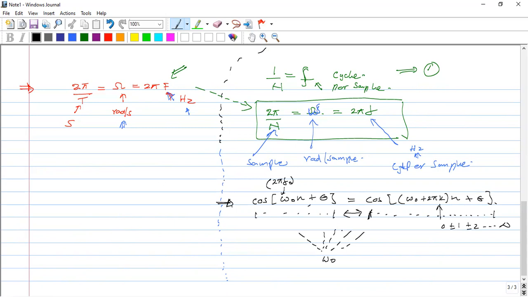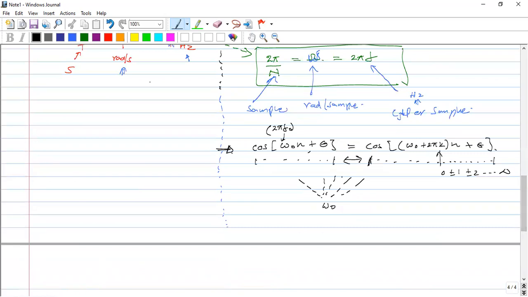So this condition is satisfied when this n is an integer. If this n is an integer value, that is 0, plus or minus 1, plus or minus 2, and so on, up to plus or minus infinity, then you will get this identity.